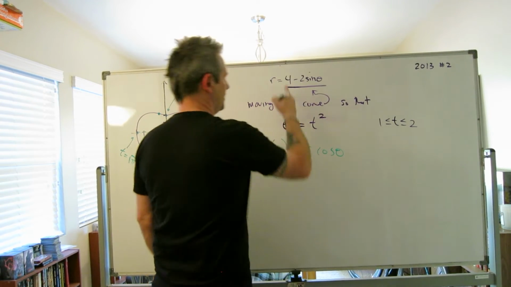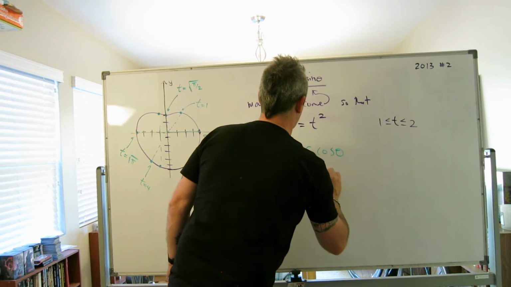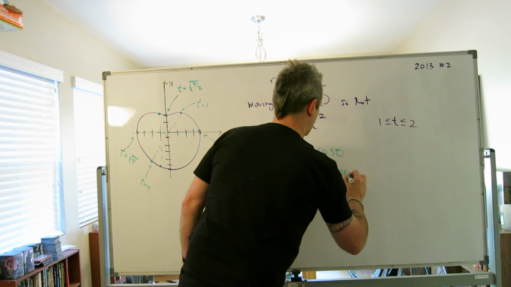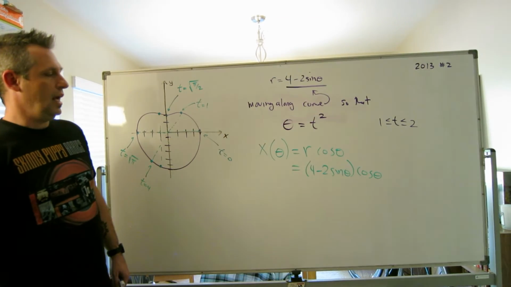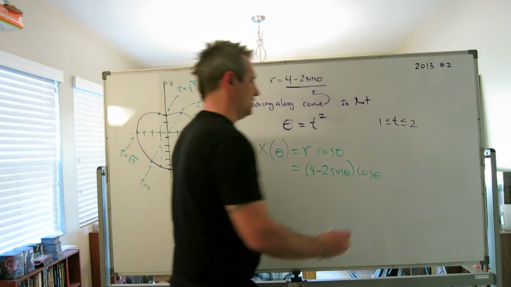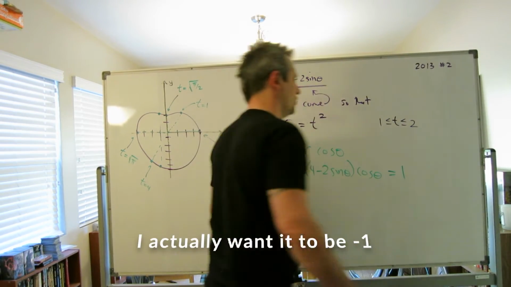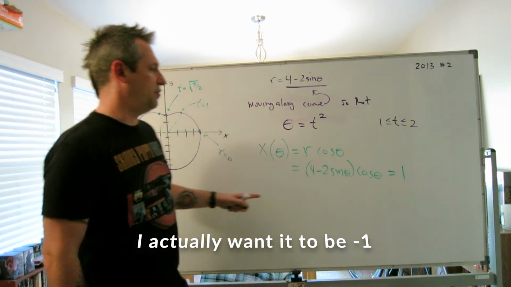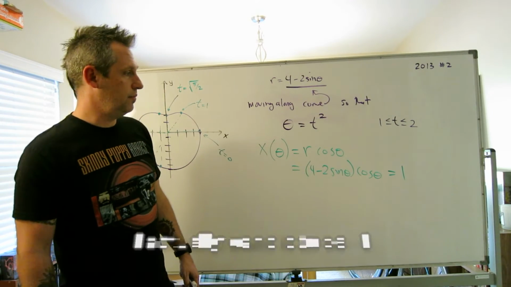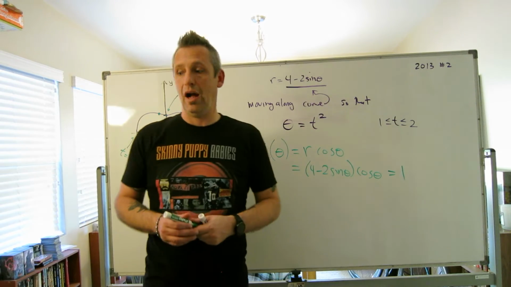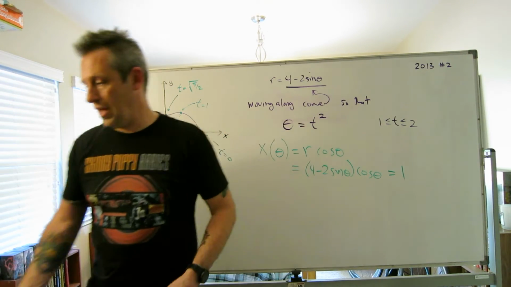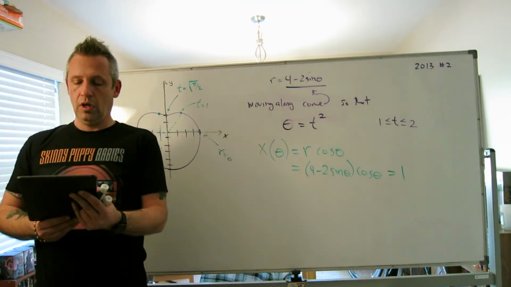So in our case, that's going to be 4 minus 2 sine of theta times cosine of theta. And we want the x-coordinate to equal -1. So we can find out when this equals -1. That'll give us a theta value, and then we can plug that in and figure out what t is. So that is what I'm going to do.